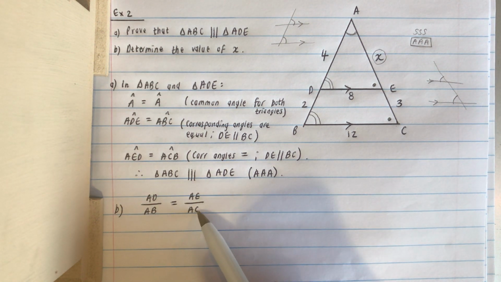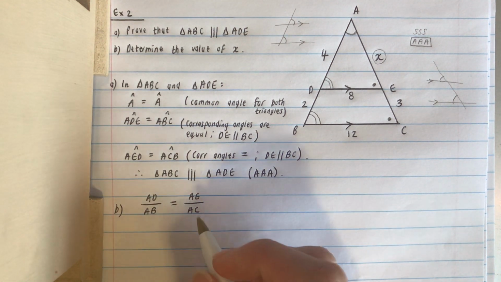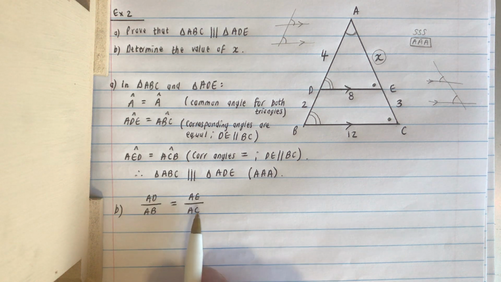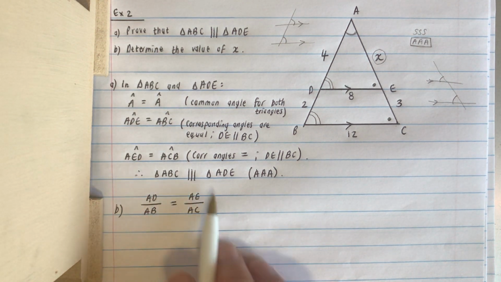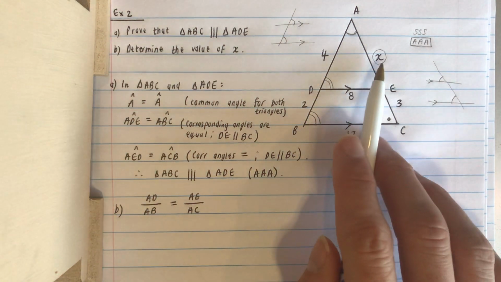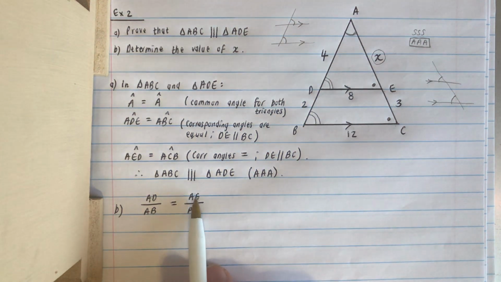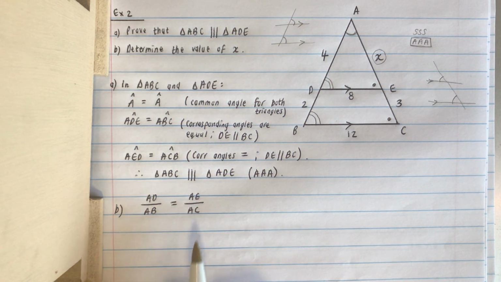If you have X, your unknown, in your denominator, it becomes a bit more tricky to solve. So when you set up your equation like this with the corresponding sides, with the proportions, make sure that your unknown, your X, or whatever variable it is, is part of your numerator.